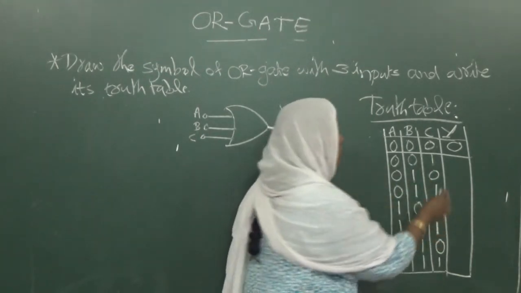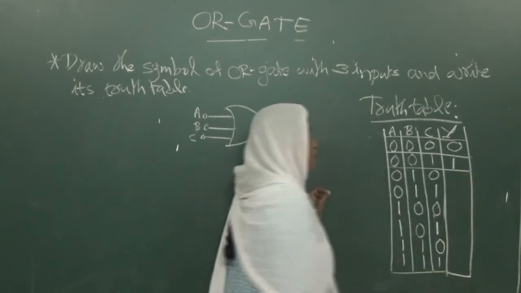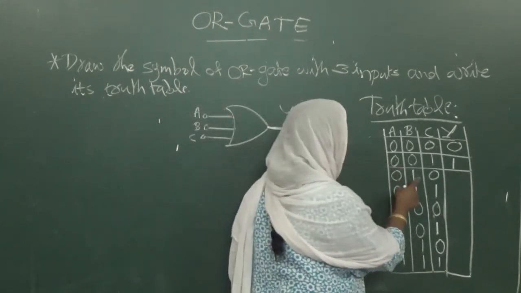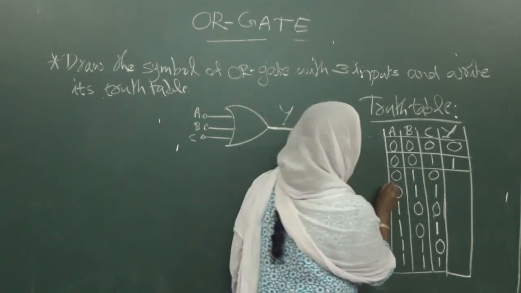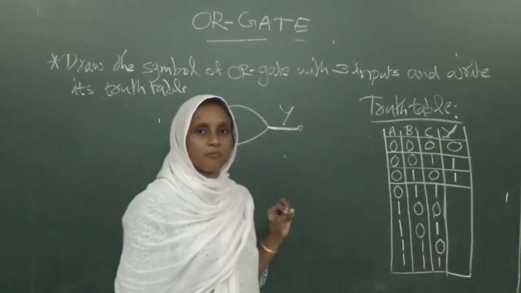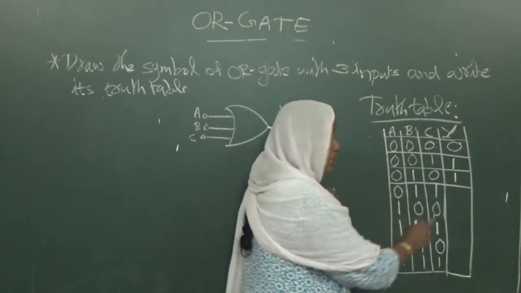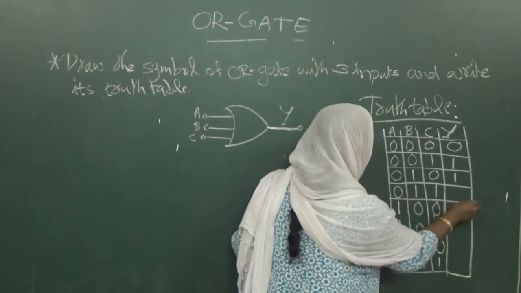So output is also high. Okay. Next comes 0, 1, 0. Here also one input is high. So this also gives you high. Okay. Next comes 0, 1, 1. Here there are 2 inputs, both are high. Okay. So you get here high.